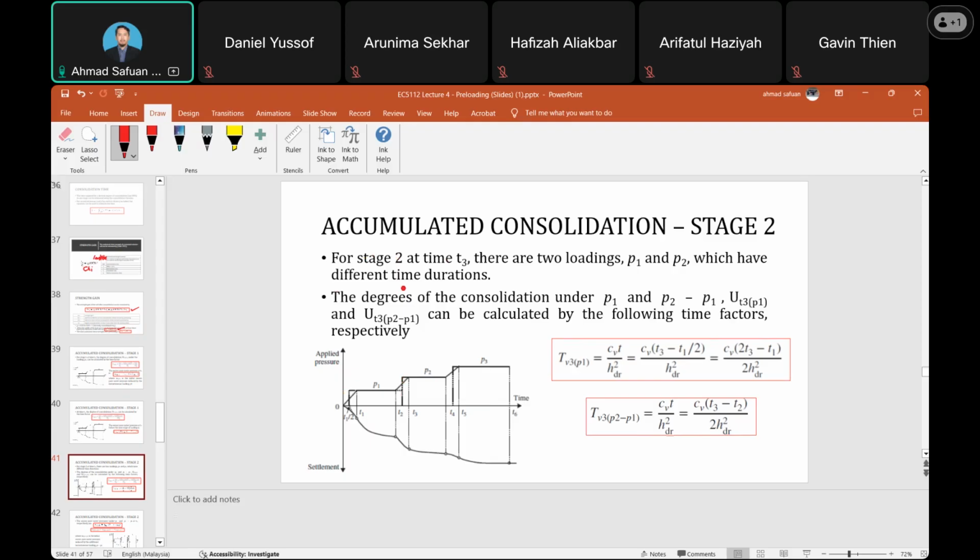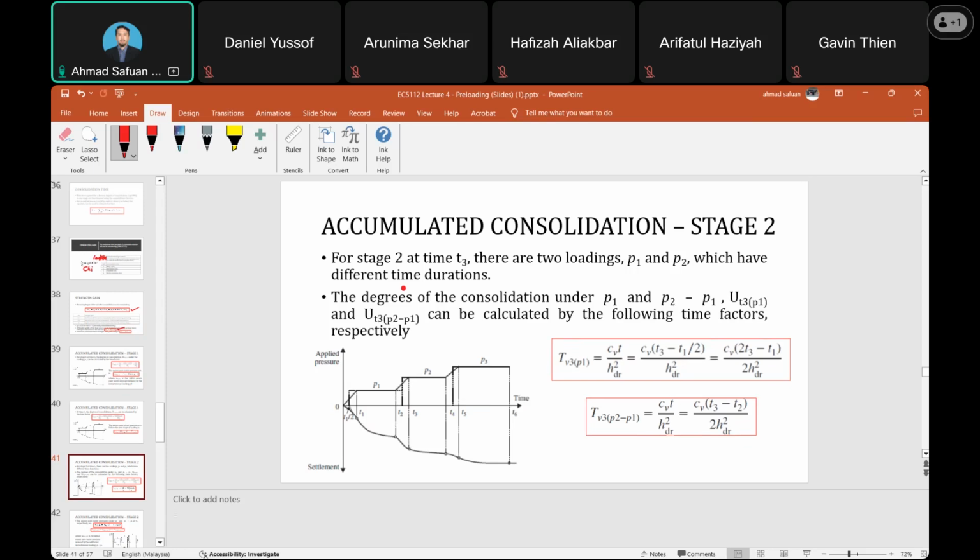So then the degrees of consolidation under P1 and P2 minus P1, which are Ut3 P1 and Ut3 P2 minus P1, can be calculated by the following time factors.